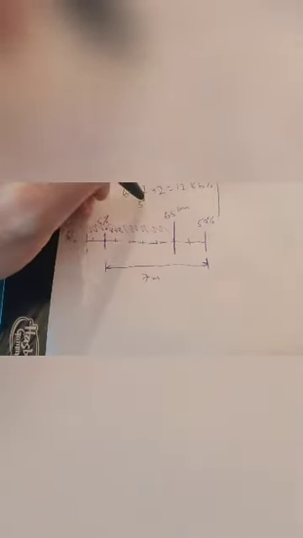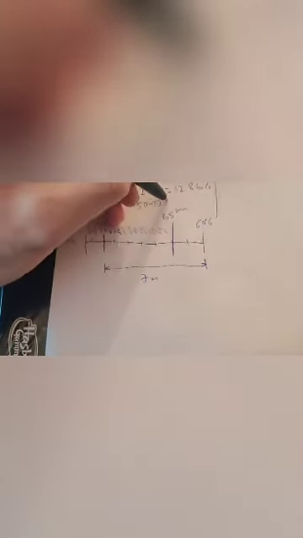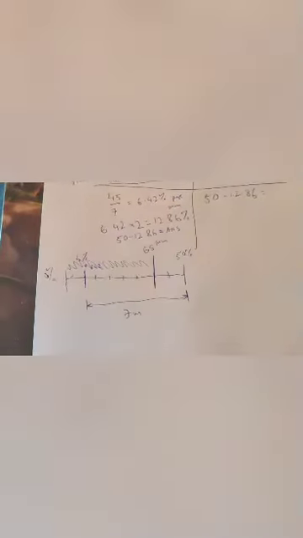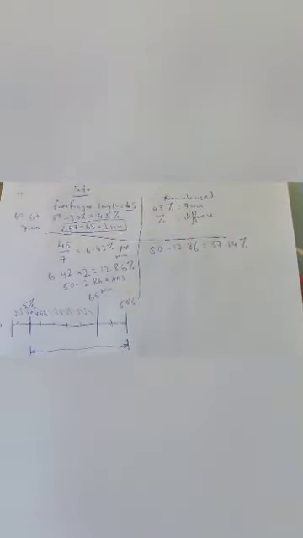So therefore, all I need to do is subtract 50 minus 12.86, and that will give me my answer. So 50 minus 12.86 is equal to 37.14%. And this right here is my percentage excluded.